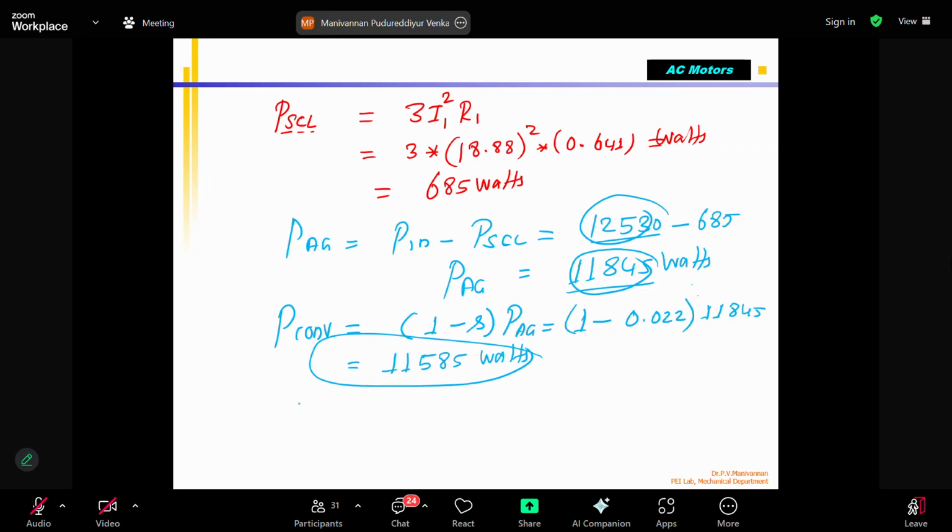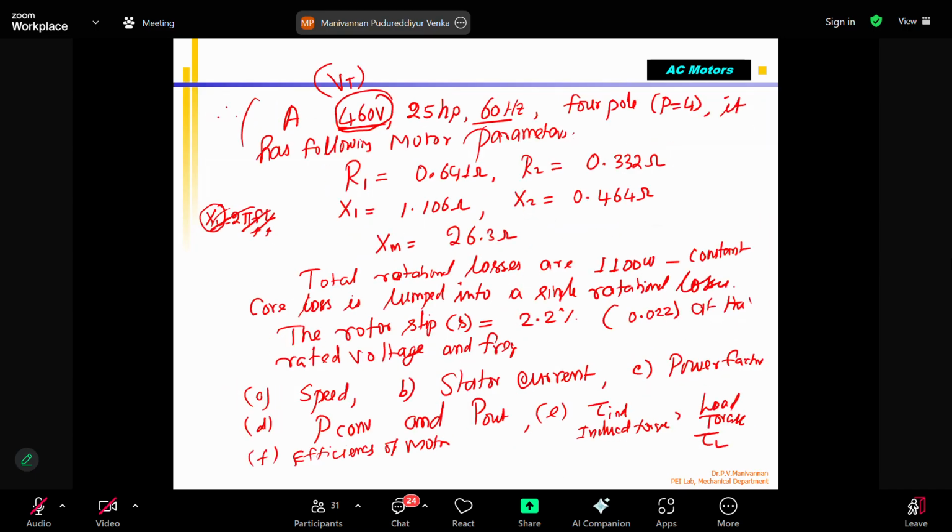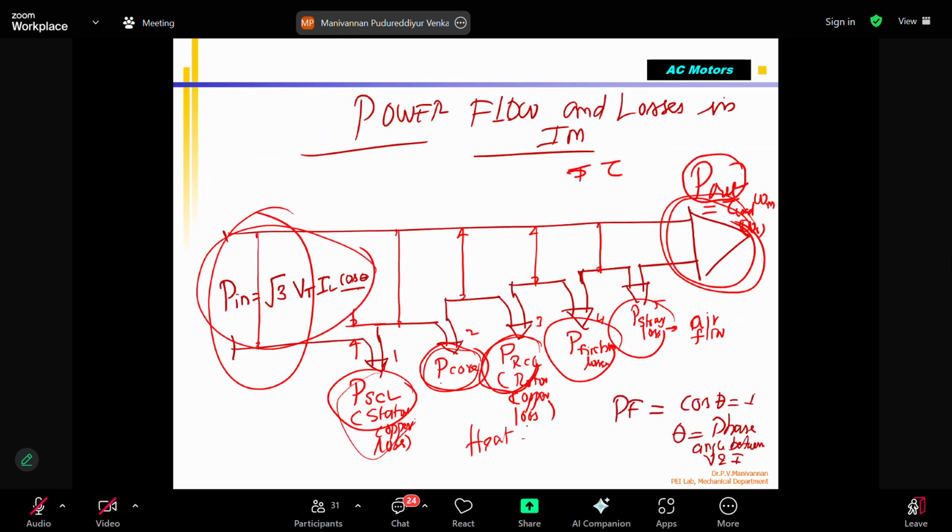Okay. Then we need to find the final output. That's what they asked. Correct? P out equals P converted minus P rotational losses. Rotational losses, if you see here, there are many things: core losses, stray losses, windage, all those things.